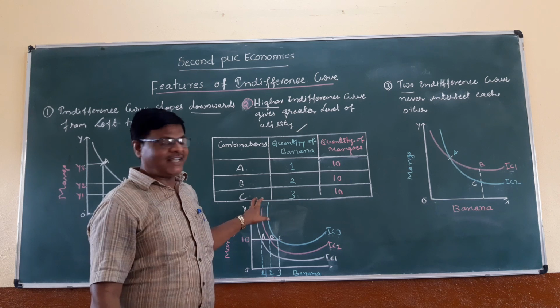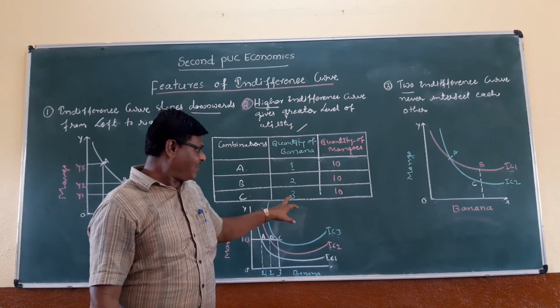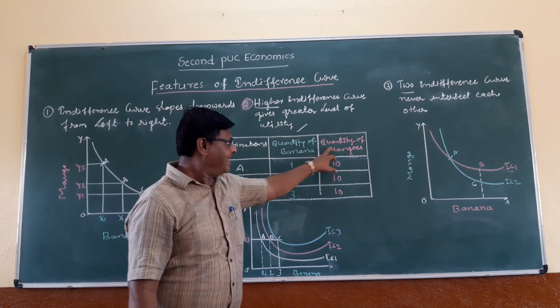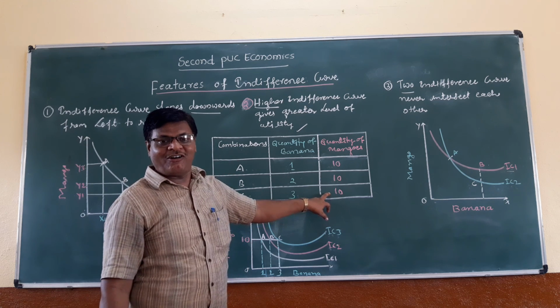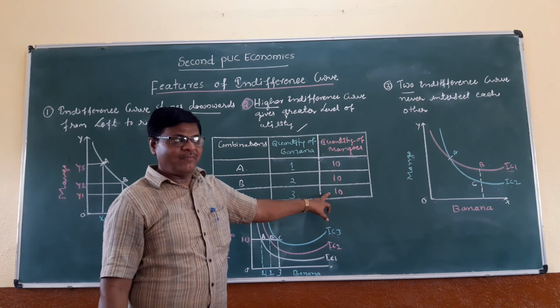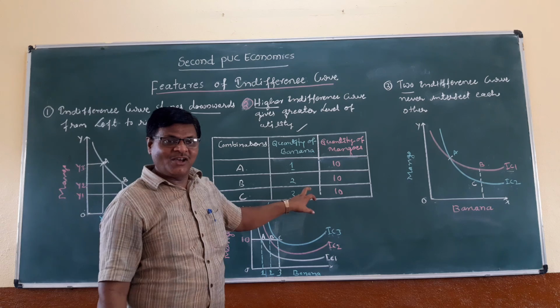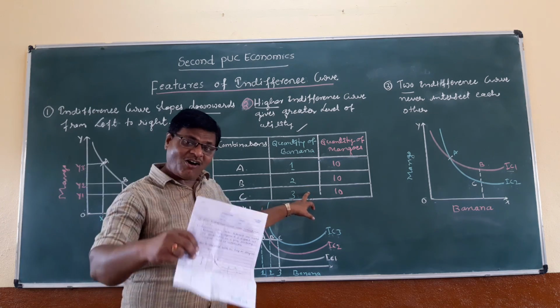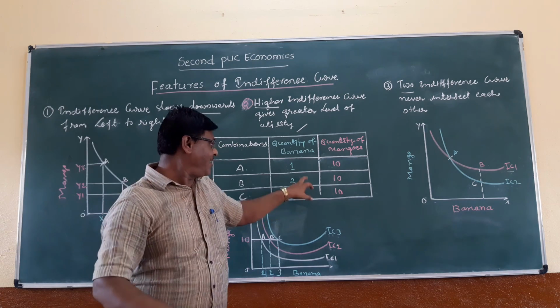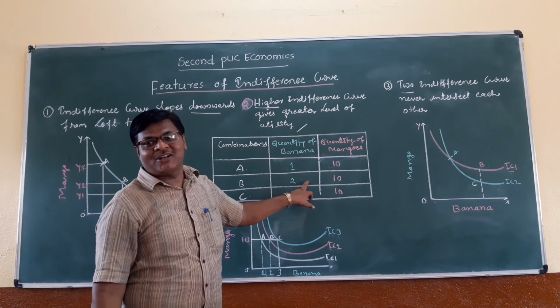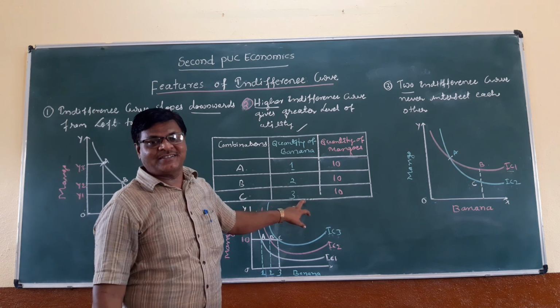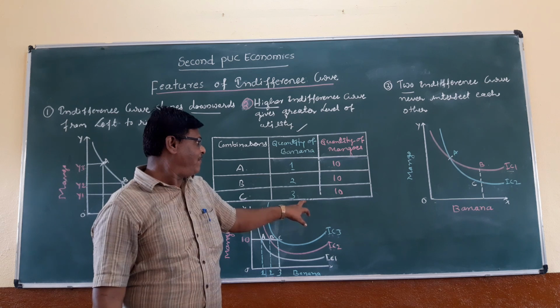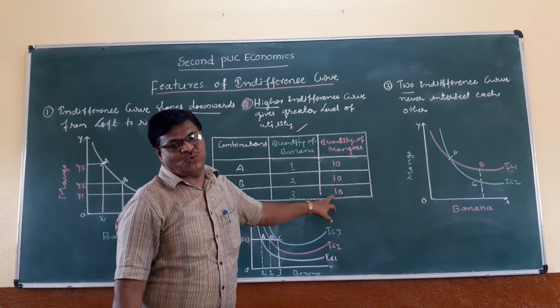In combination C, there are 3 bananas and 10 mangoes. Combination C gives more utility, or more satisfaction, than combination B, because C has 3 bananas and 10 mangoes.